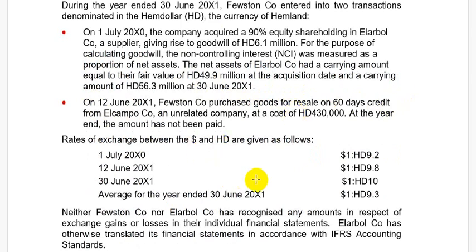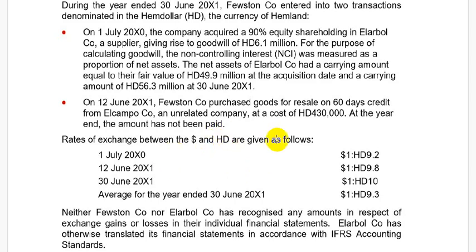Okay, so this was a payable, a translation on a transaction which had not been paid for. This belongs to the parent only because it's the parent who purchased. So this is a transaction which relates to the parent only.